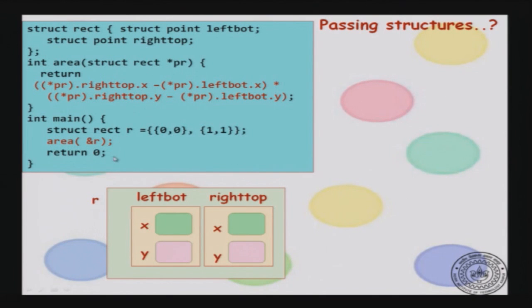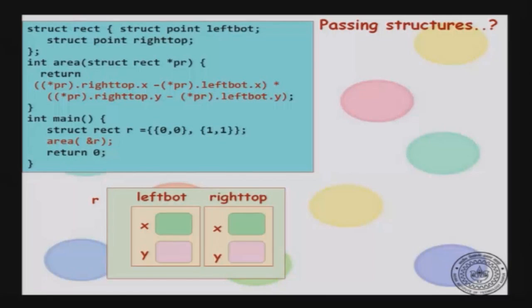Now how would you pass the argument? You would say address of the rectangle R. So, you would say area and the parameter is address of R. Now, inside the function, earlier you remember it was r dot right top dot x. Now, pr in this case is just a pointer to a rectangle. So, we have to access the variable in that address. How do you do it?